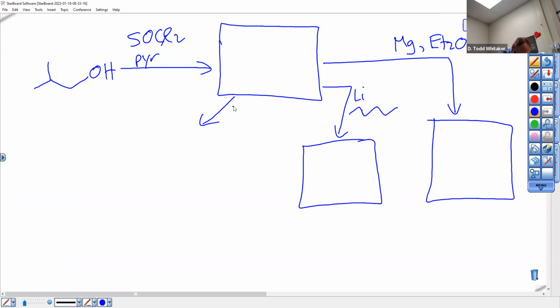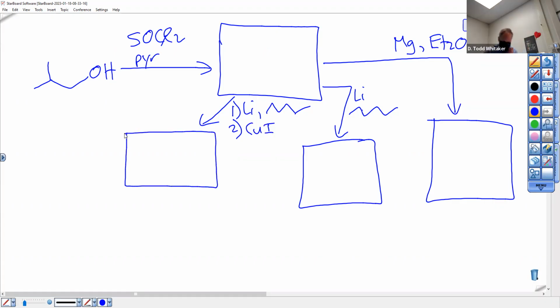first one, lithium, and 2. I'm going to hook it up with, what am I going to hook it up with? Copper iodide. And then I'll flip over the page.